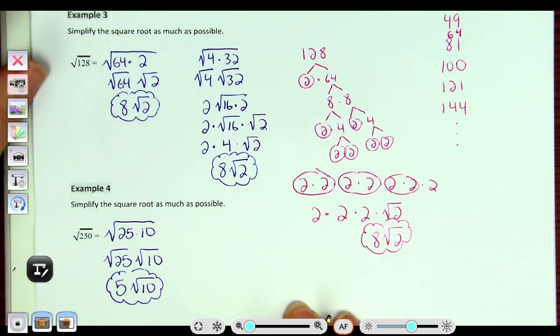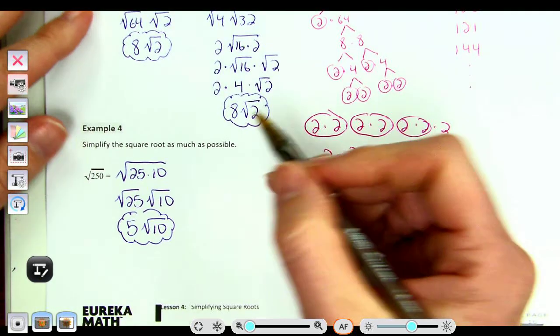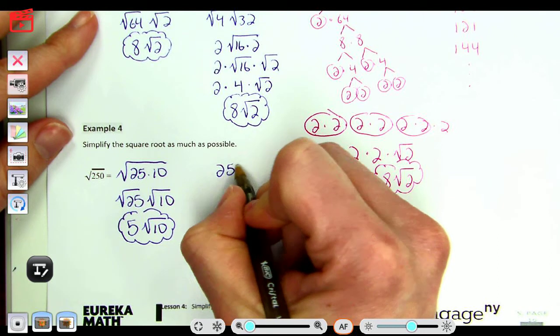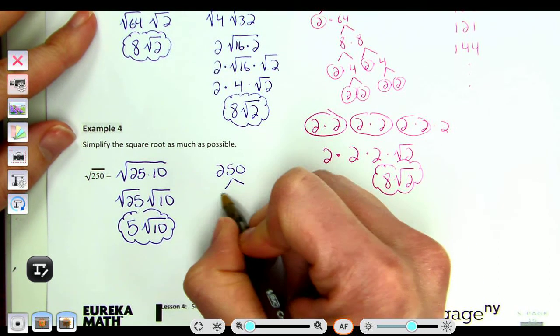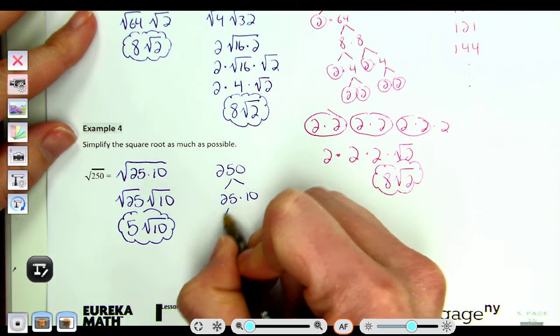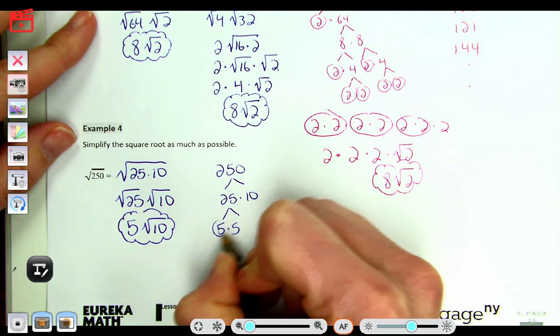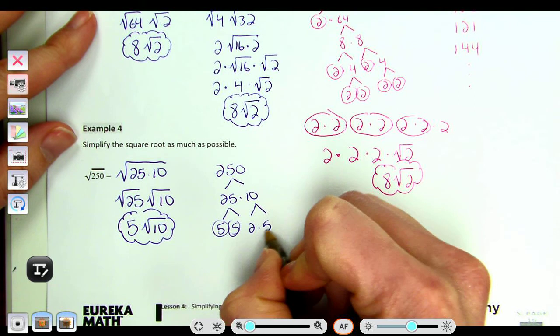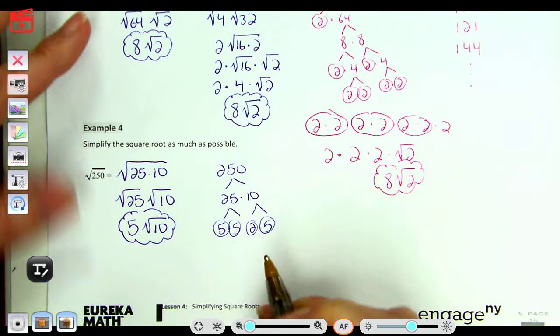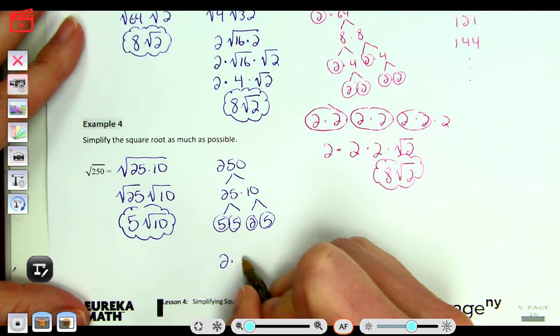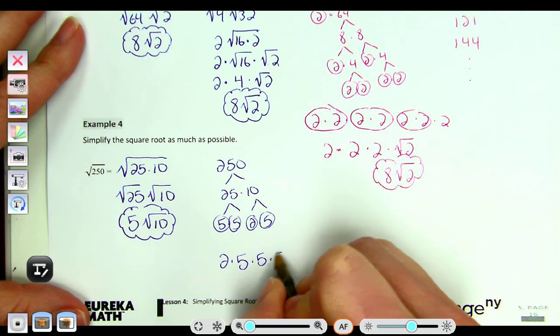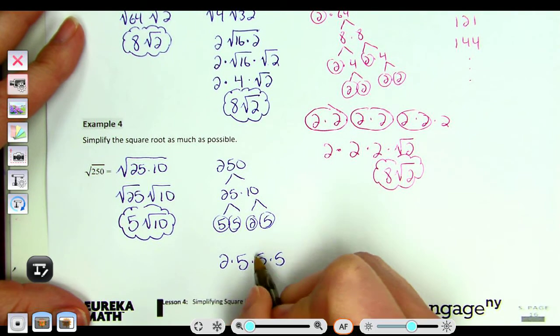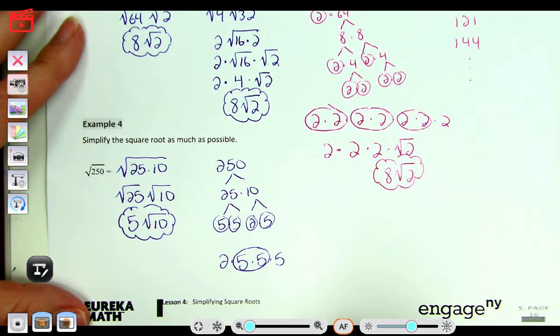And if I wanted to, one last time on the factor tree method here, I could just break this down using whatever factors I know of. And again, once you get to the end, you write them in order. I have 1, 2, and 2 5s, and I'm going to see that I circled one pair of 5s.